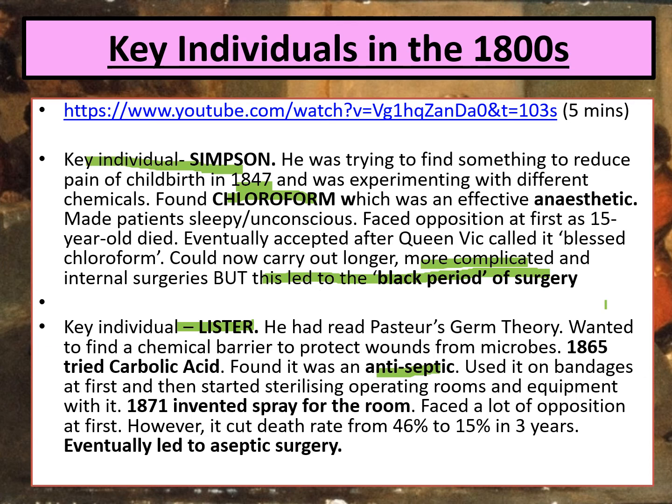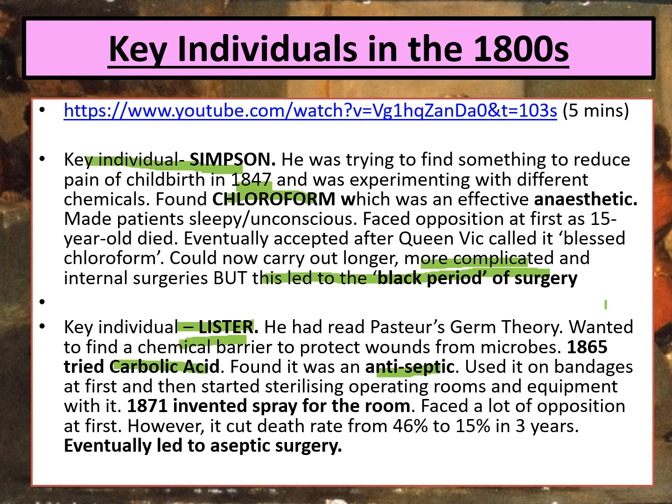So he basically decided that infection was causing problems and wanted to try and find a chemical barrier to protect wounds from microbes. So in 1865, he tried something called carbolic acid that had actually been used previously to treat sewage. And because there were no regulations about how you could test medicines at this point, he decided to try it on a young boy called Jamie Greenlees, who'd been run over by a cart.